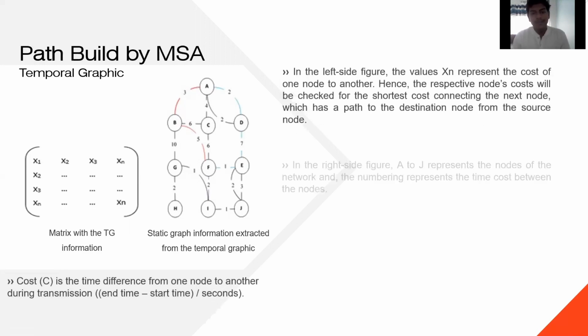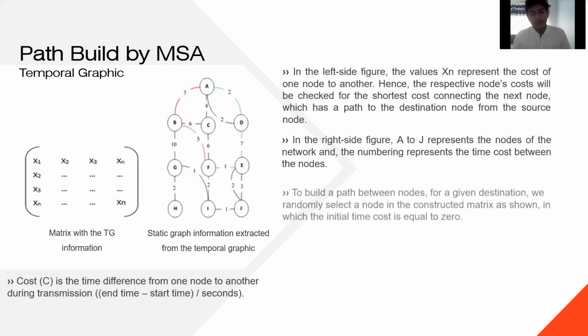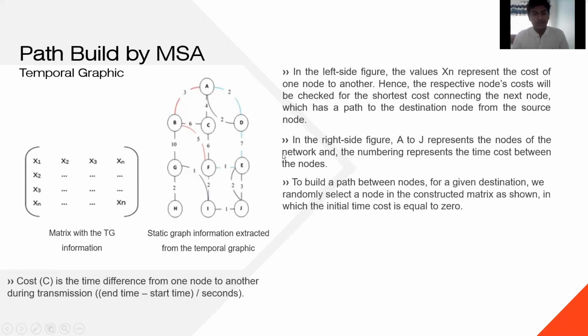In this static graph, you can see it represents the nodes, where the nodes are A to J, and the cost is the numbering between the nodes.